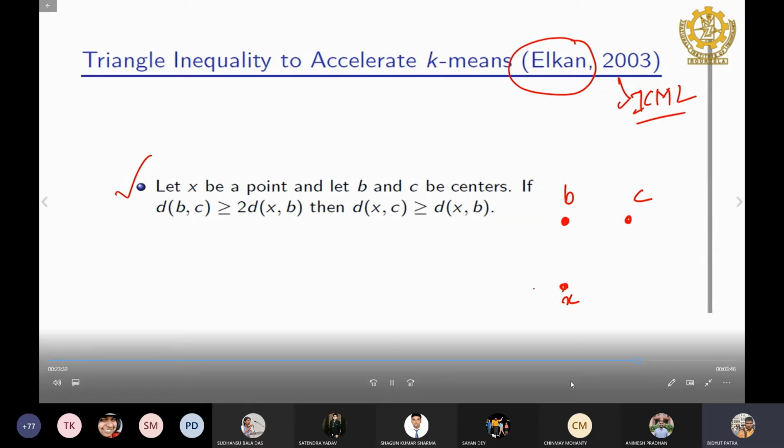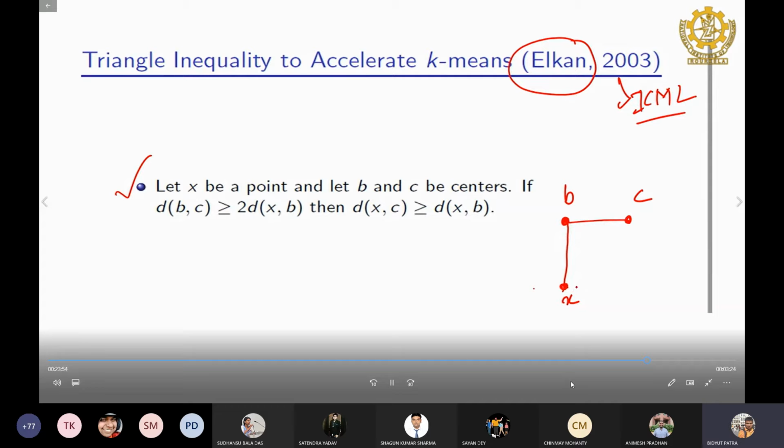First we think of two centroids B and C and a point X. We computed the distance from X to B. We know this distance. And obviously when the centroids were formed, the distance from C to B was also computed. Otherwise we can compute the distance from B to C. So we know this distance here.